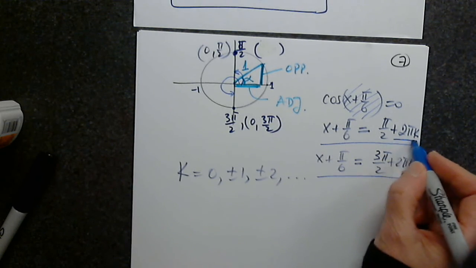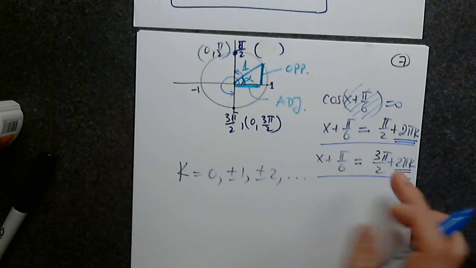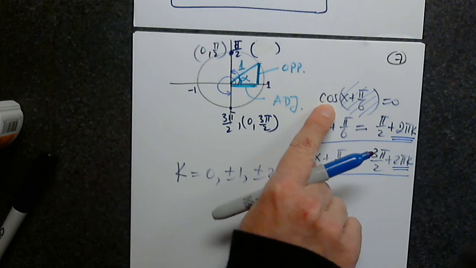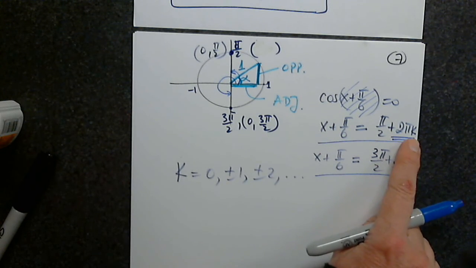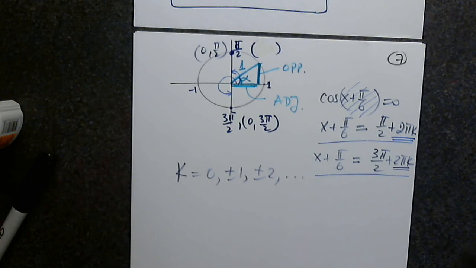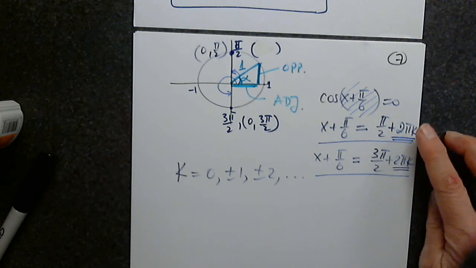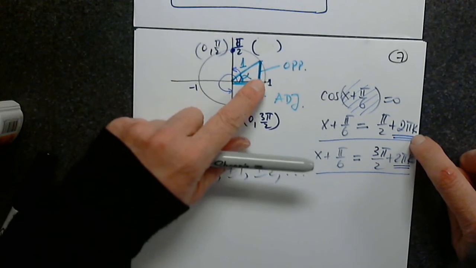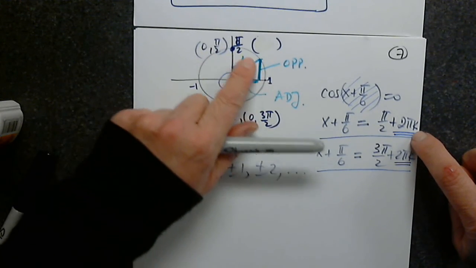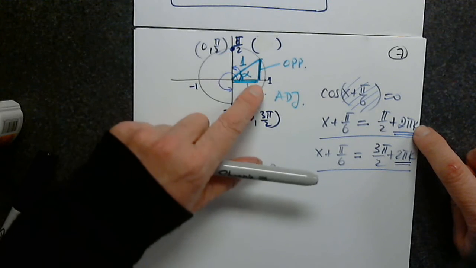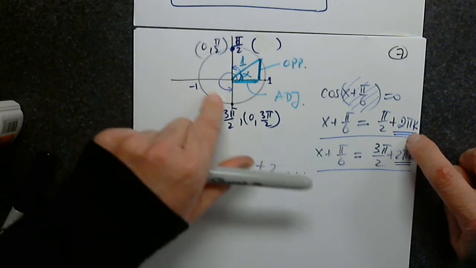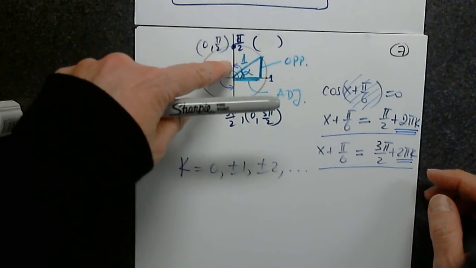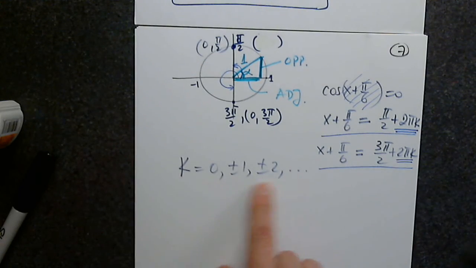Why do I write plus 2 pi k, and not pi k? Because cosine has period 2 pi. What does this k mean? When k is 0, I get pi over 2. When k is 1, I get pi over 2 plus a complete rotation. When k is 2, I get pi over 2 plus 2 complete rotations. And I can go on forever in the other direction with k positive or negative.